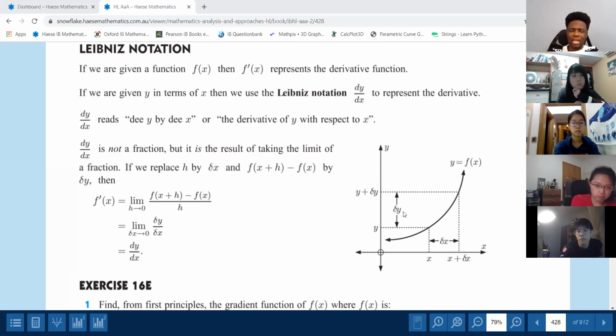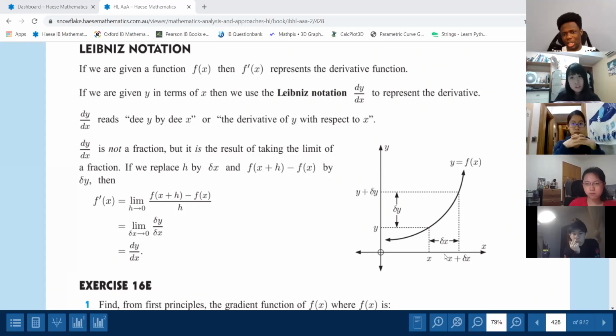So in physics too, we use that symbol. Delta y, delta x means the change along the y and the change along the x, respectively. So instead of using h, for this chord here, if we draw a chord from here to here, to become a tangent, delta x must approach 0. Do you understand the point?